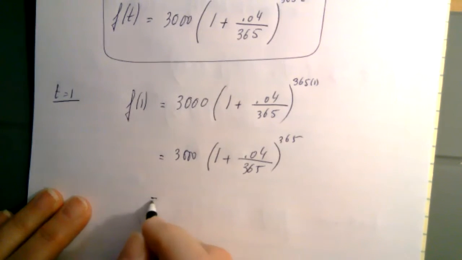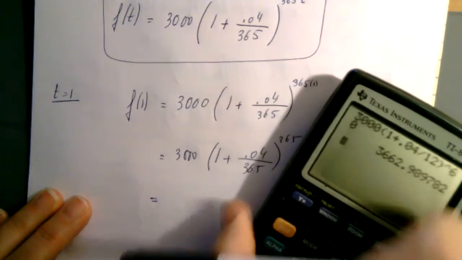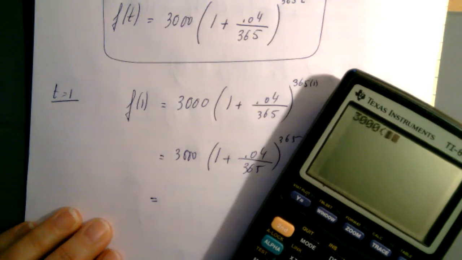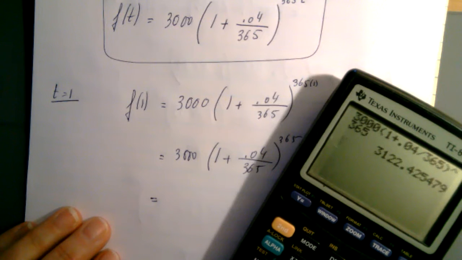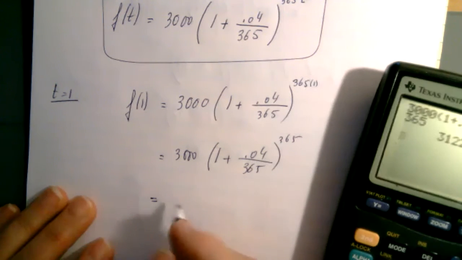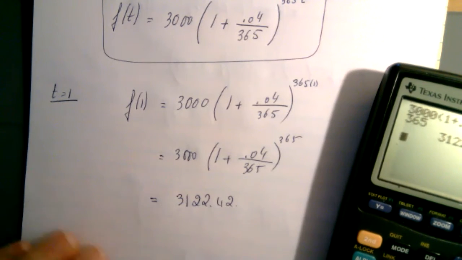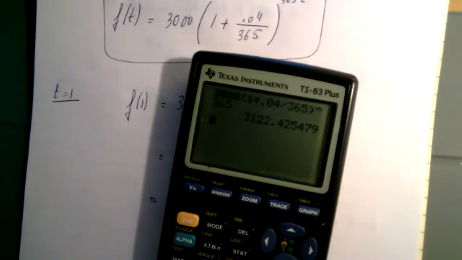Now let's see how much we're going to get without rounding. This quantity is raised to the power 365, and I'm getting 3,122.42.